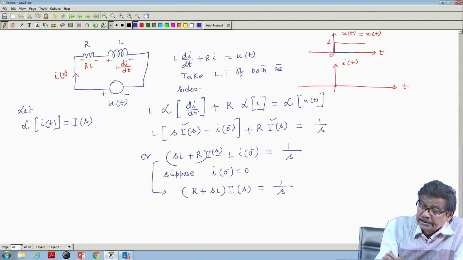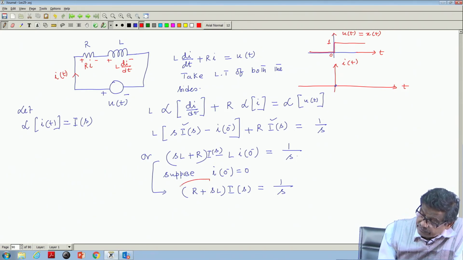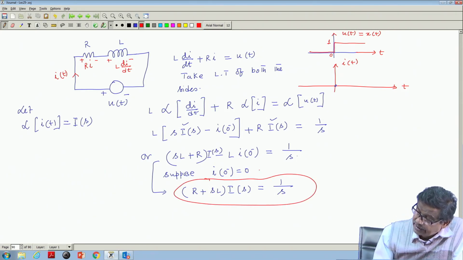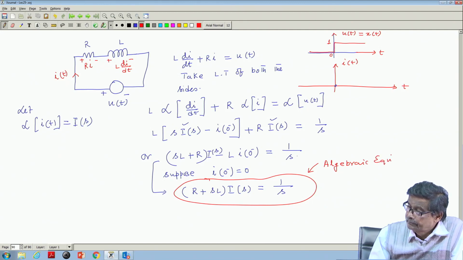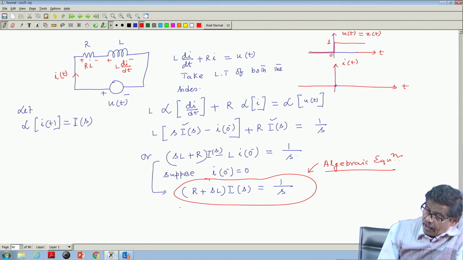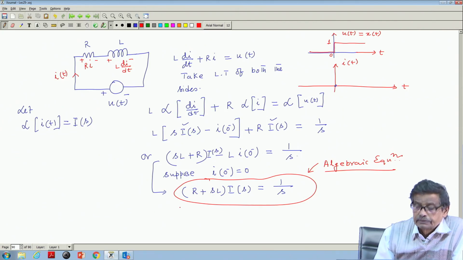So, I get an algebraic equation. So, this is an algebraic equation.